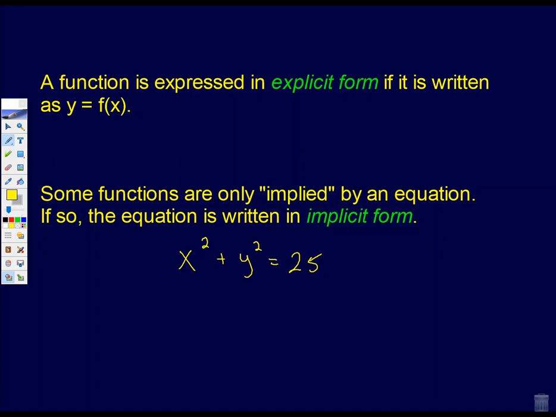It implies the explicit function y equals square root of 25 minus x squared, and it also implies this one, the negative square root of 25 minus x squared.